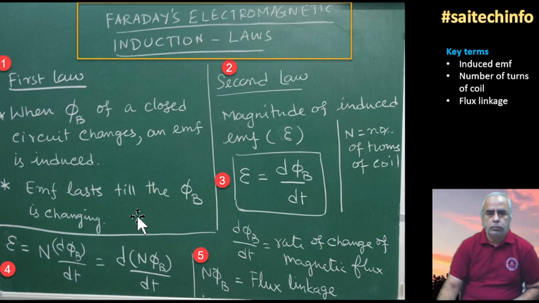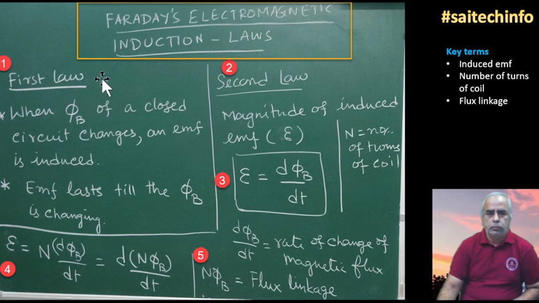Right. And let us proceed to the second law. Second law is nothing but the magnitude of induced EMF is given by the expression, the rate of change of magnetic flux. So in the first case, we have discussed the need for magnetic flux change.